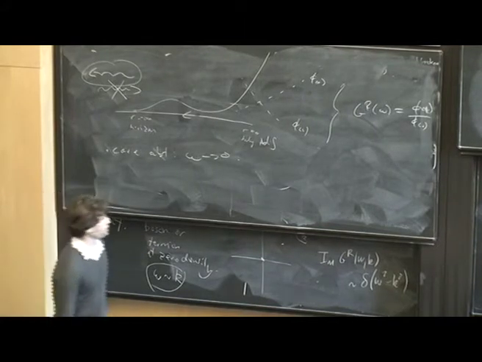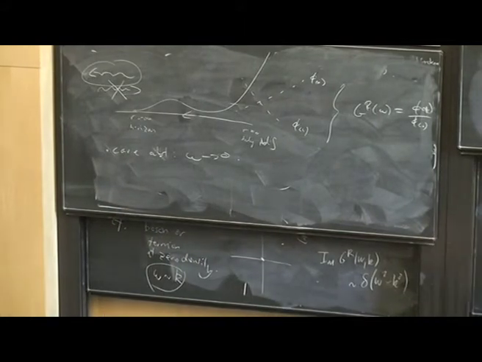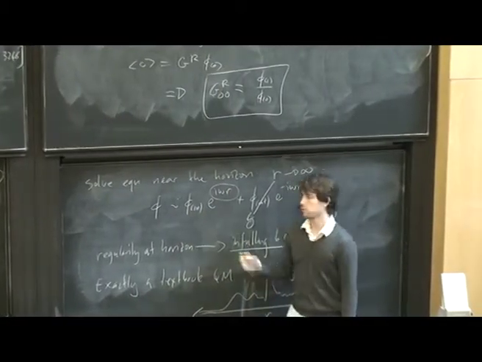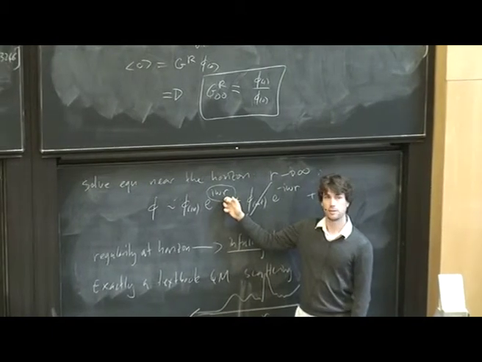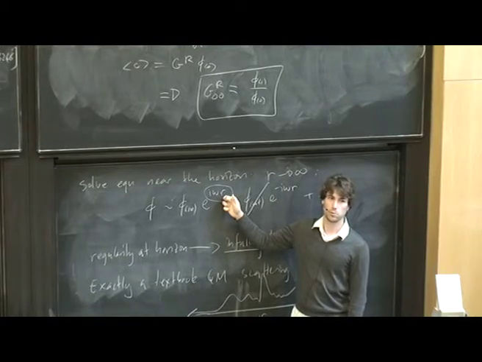And secondly, what we see here, this is the near horizon behavior. The near horizon behavior was like this. This was R goes to infinity. But it's clear then that omega goes to 0 and R goes to infinity will not commute.